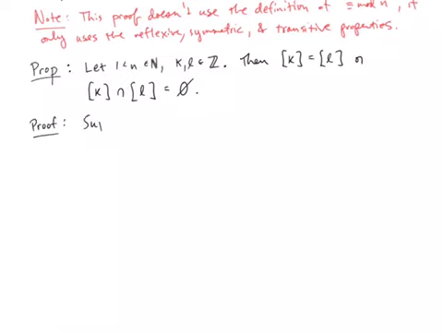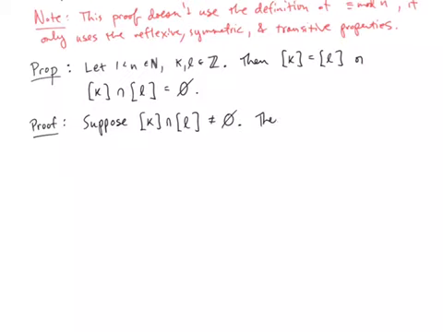Proof. If their intersection might be empty, fine. If not, it has something in it. So you might as well just suppose that this is not equal to the empty set, and then we'll show that they have to be equal.